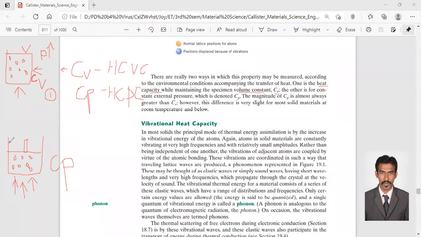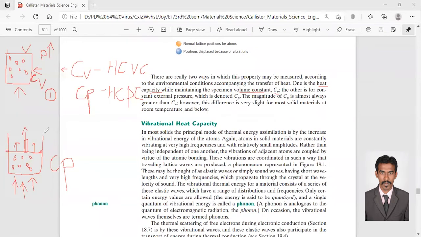In order to manage that increase in pressure, this lid will start moving up. This is not a tight lid; it can move up and down, like a roller door. When the pressure increases, the lid moves up.